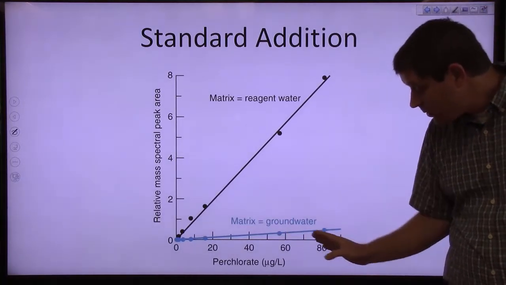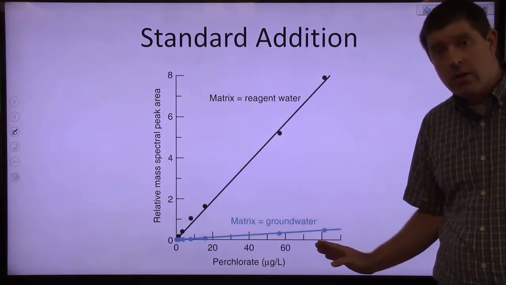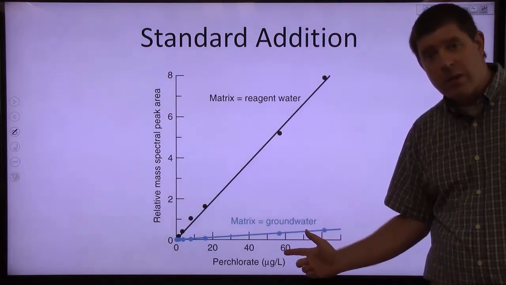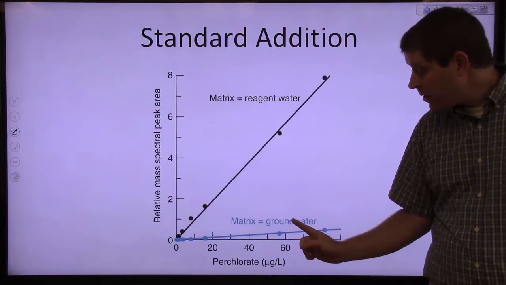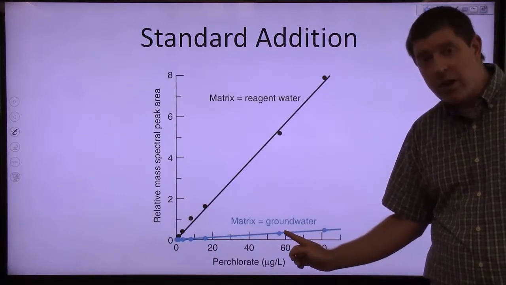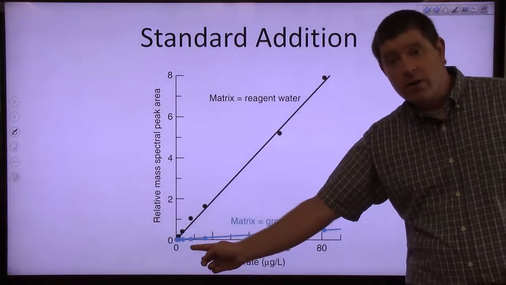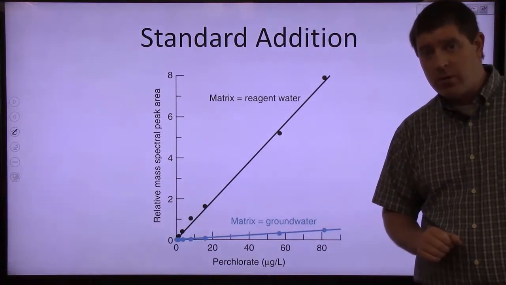Now, it's still relatively linear, but in this case, if we didn't correct for the fact that this matrix is groundwater, and we were comparing, say, this data point here against those data points, we would conclude that there's very, very little perchlorate in our sample.